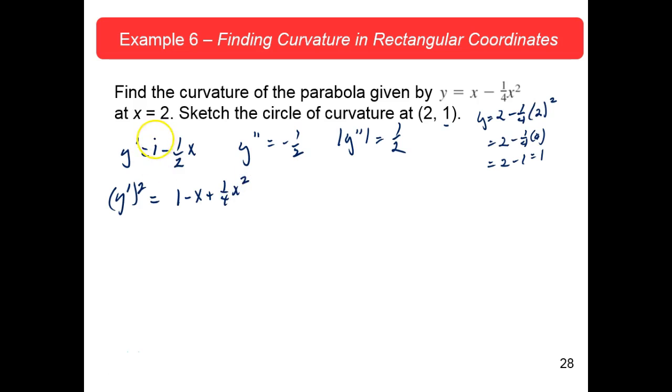If you're squaring this binomial, square the first, twice the product of the two, that would be a minus x, plus the square of the last, which is that. And then 1 plus y prime squared would be 2 minus x plus 1/4 x squared.